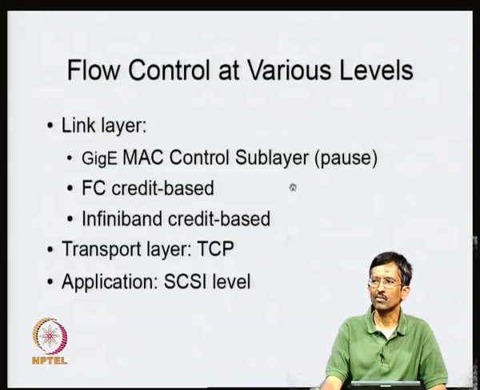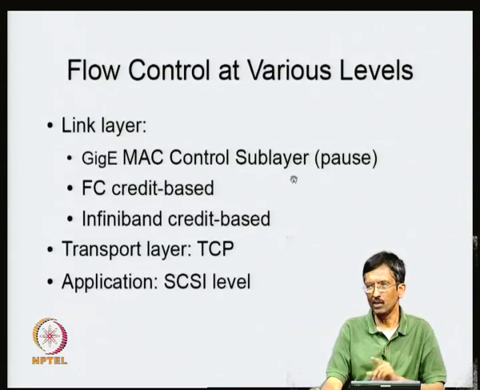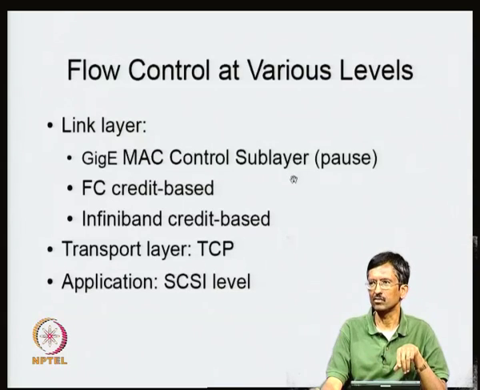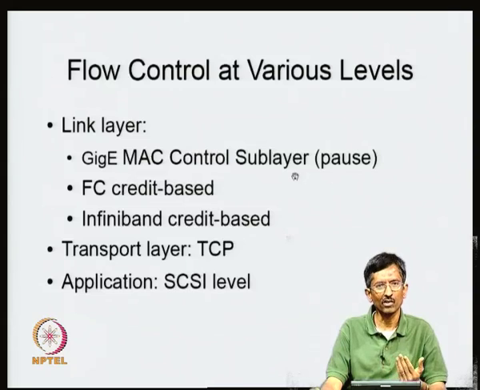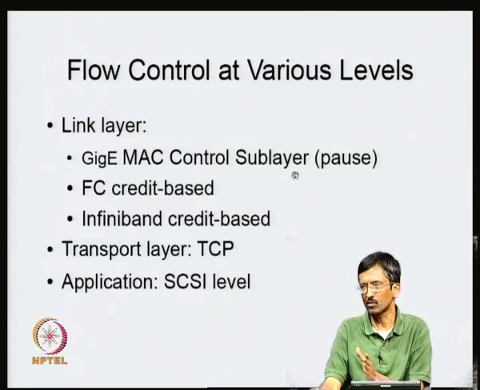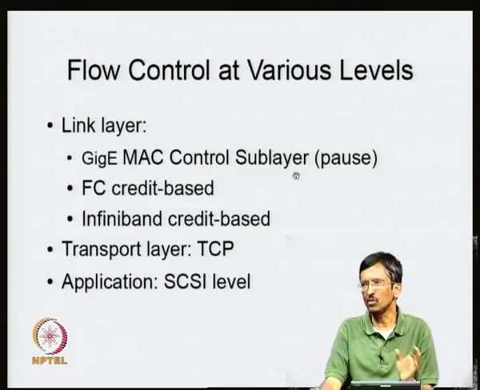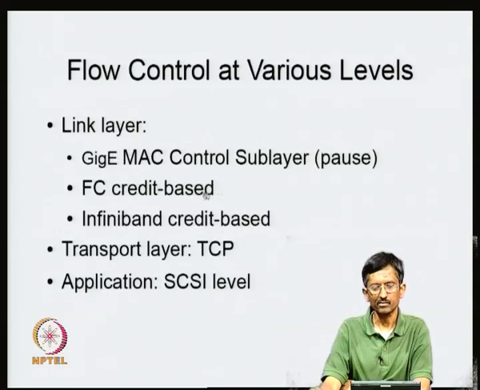Okay. That means that the throughput is determined by the round trip, because you have some credits in the beginning, you send it, and the other party has to ACK it. Then only you get one more credit. For example, you start with 256. It's true that you can send 256 packets in the beginning, but after that you have to wait till you keep getting ACKs. Once you get each ACK, then you are allowed to send one more packet.